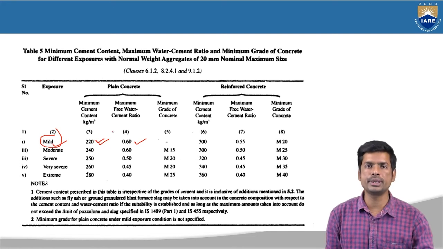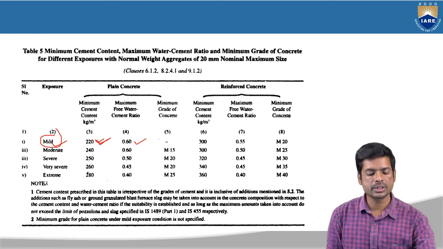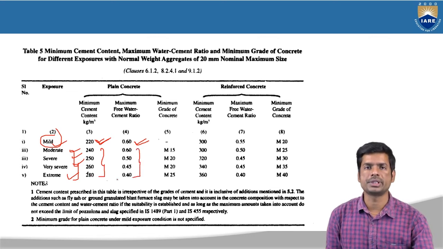That means for 1 meter cube of concrete, we have to take 220 kg of cement, and for that cement, we take a 0.6 water cement ratio. Like that, for different exposures like moderate, severe, very severe and extreme environmental conditions, we have different cement weights and different water cement ratios also.